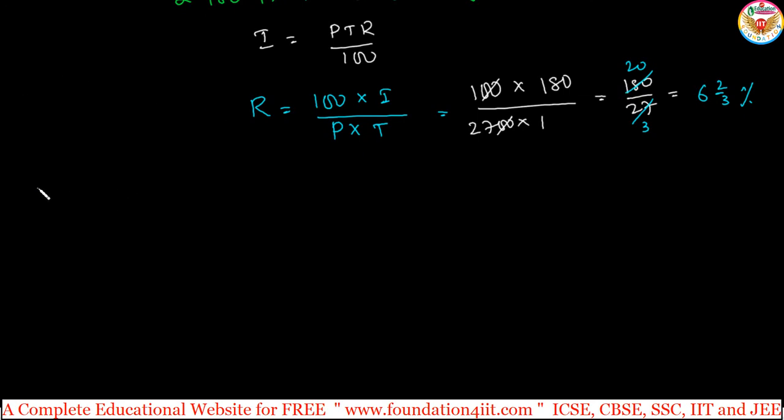So rate of interest, if you want to find out directly, in compound interest, is equal to the difference in interest of two successive periods. They will give it already.